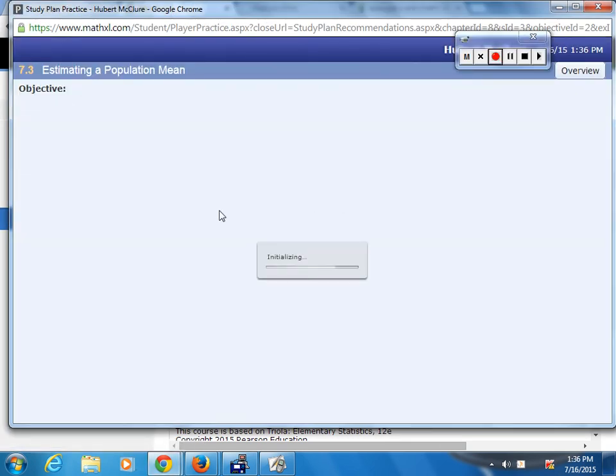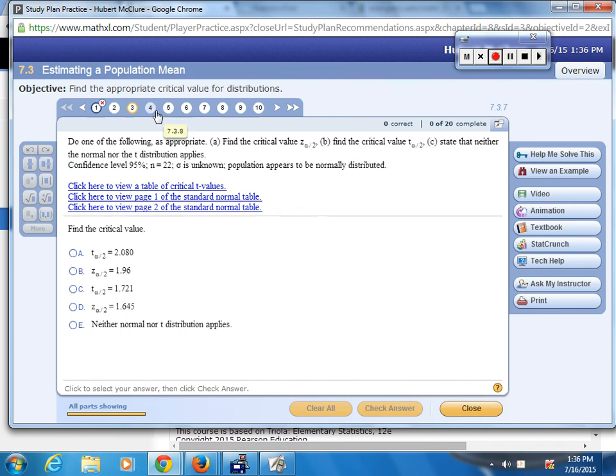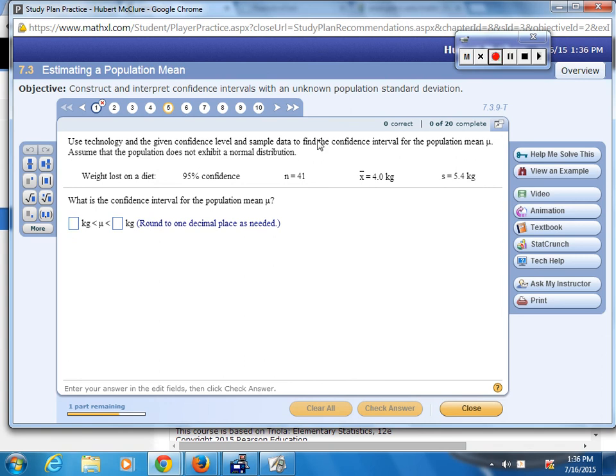All right. Estimate the population mean. This says to construct a confidence interval using the given confidence level, and do whichever of the following is appropriate. Find the critical value z sub alpha over 2. Find the critical value for t, or state that neither applies. I'm just going to do t-tables. Use technology and the given confidence level and sample data to find the confidence interval for the population mean.